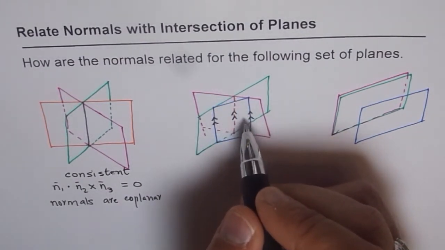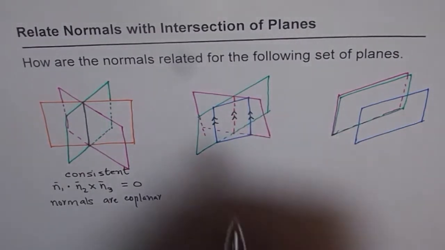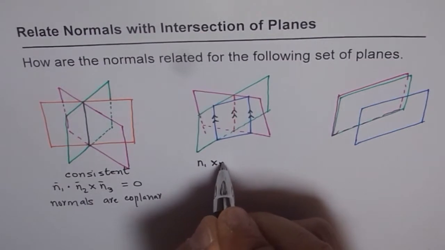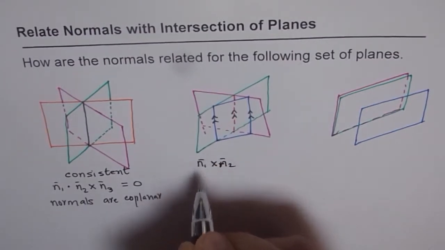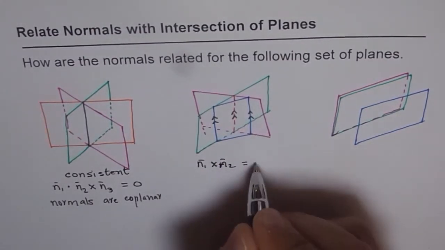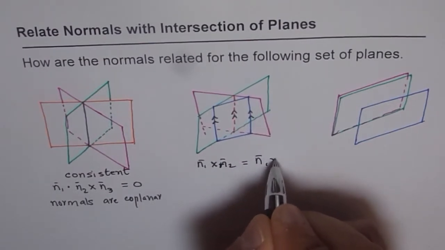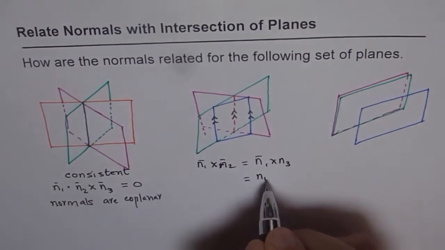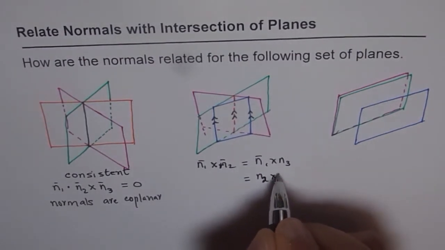In such cases, how are the normals related? What you'll find is that n1 cross n2 equals n1 cross n3, and that is also equal to n2 cross n3.